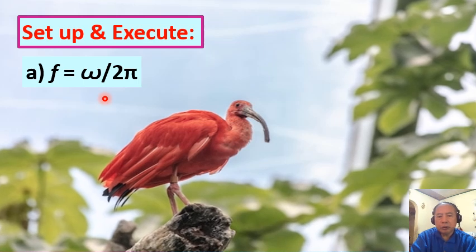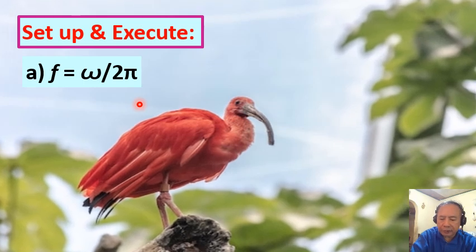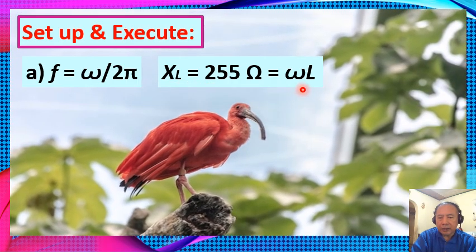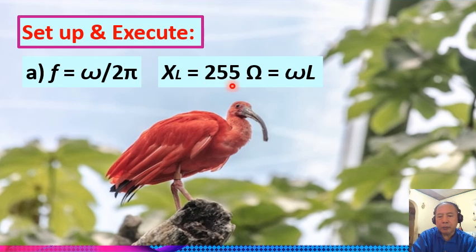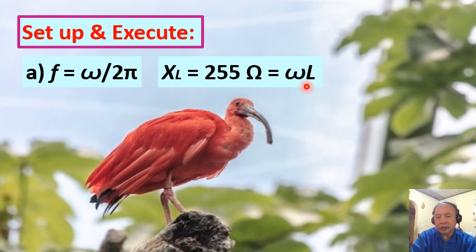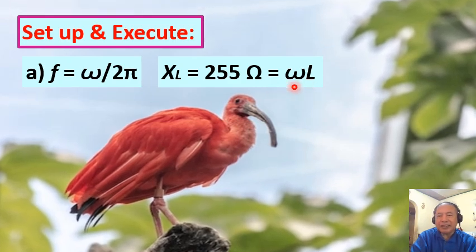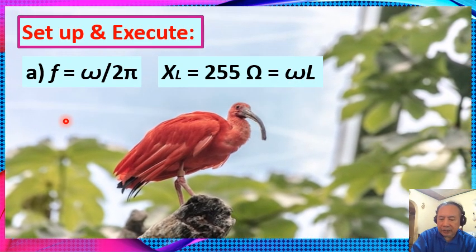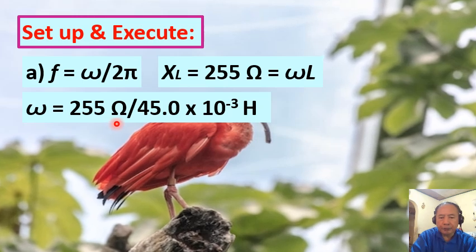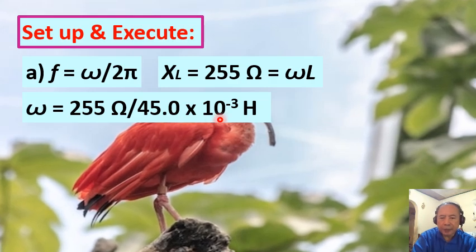So we need to first determine this angular frequency omega using the fact that the inductive reactance X of L, which is given in the problem as 255 ohms, is equal to the product of the angular frequency omega and the inductance capital L. So we can determine omega by isolating it: omega is equal to the inductive reactance X of L divided by the given inductance.